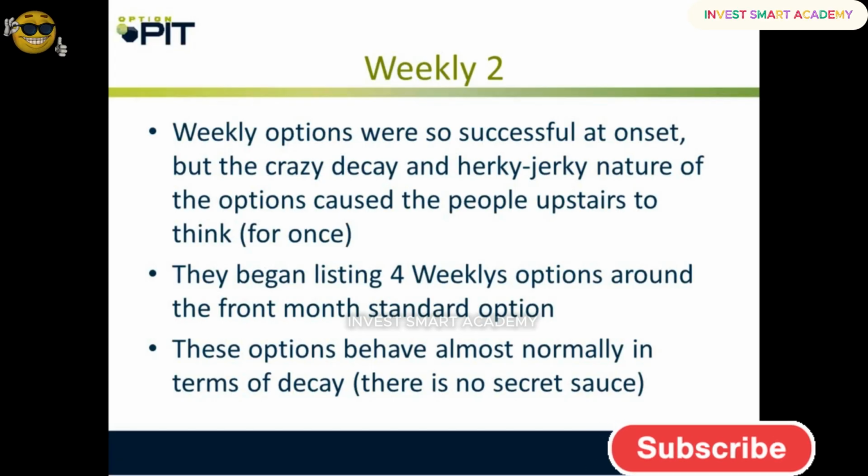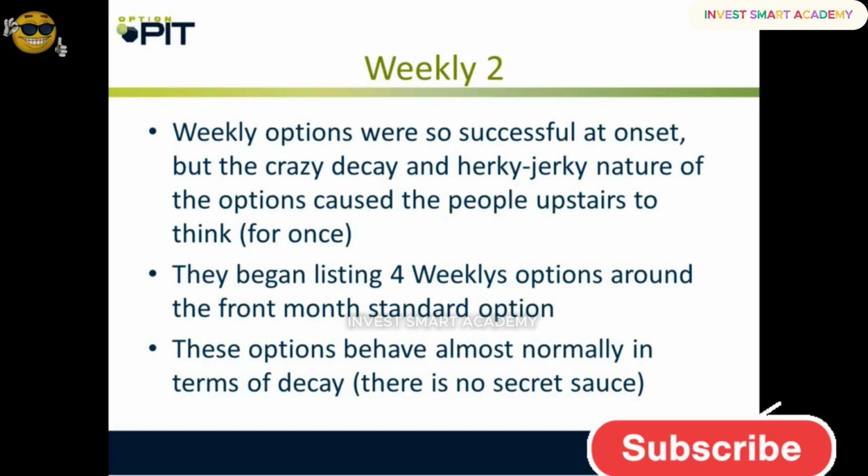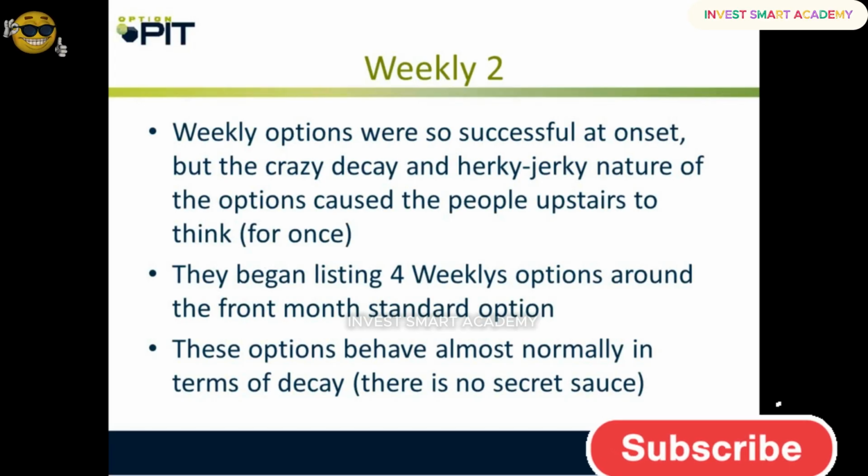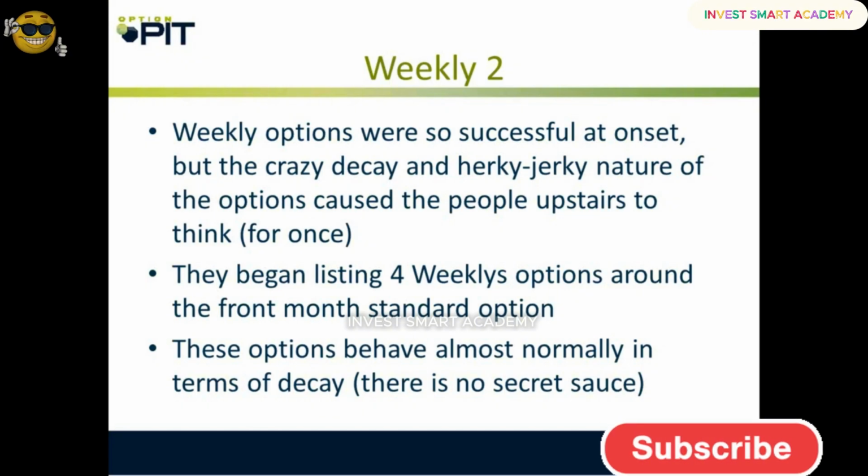So these options behave almost normally in terms of decay. There is no secret selling sauce, or secret buying sauce, like there are in those brand new weeklies. Now, that doesn't say that normal market trends don't exist. There are still times where options get oversold on Friday afternoon, and I can get a cheap look at a weekend.